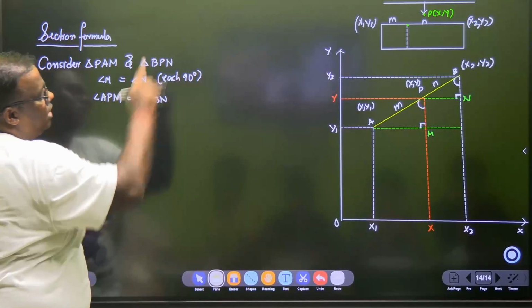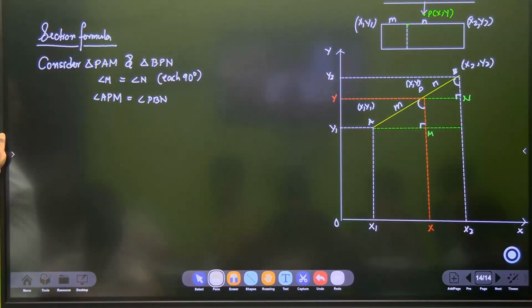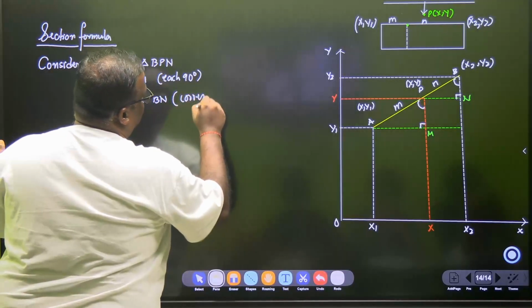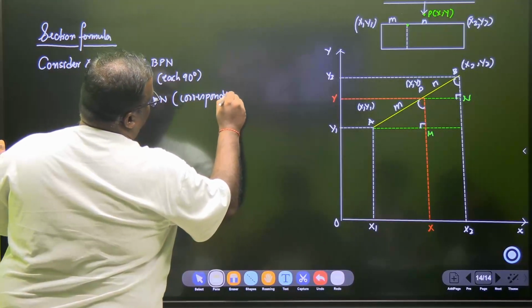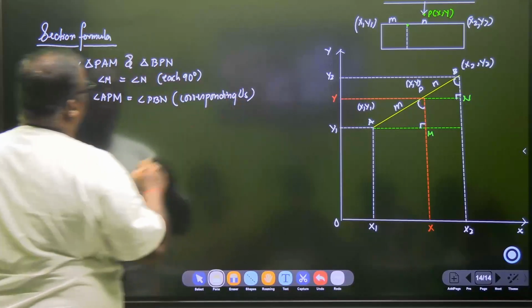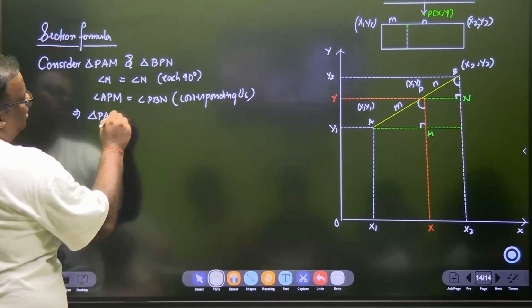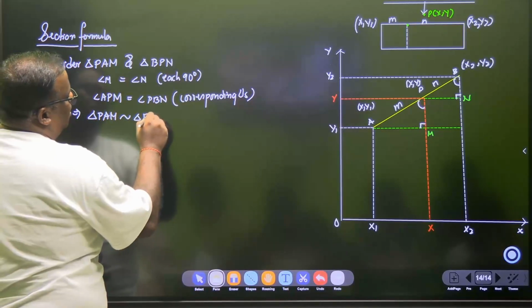If your naming is correct, everything will come correct. This is the beauty of similar triangles. These are corresponding angles. Therefore, triangle PAM is similar to triangle BPN.